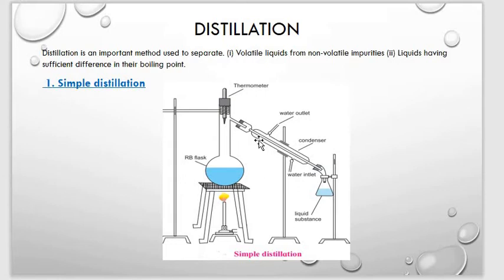The vapors condense and the liquid is collected in the receiver flask. This is how distillation happens for purifying any liquid.